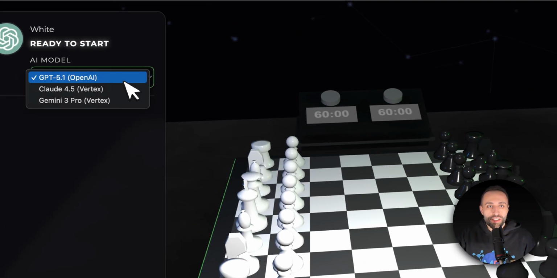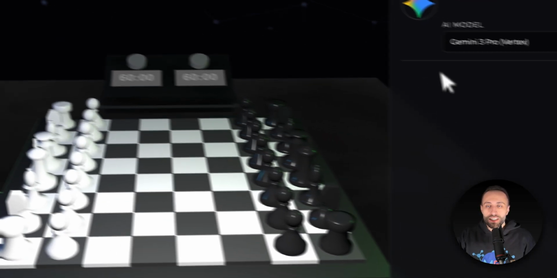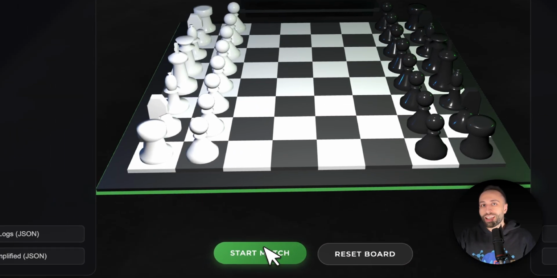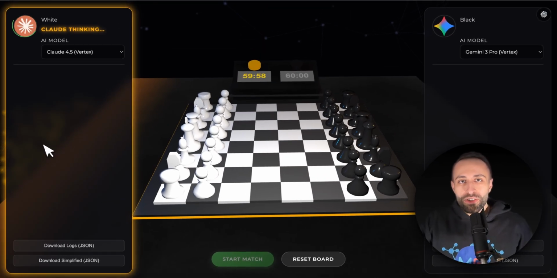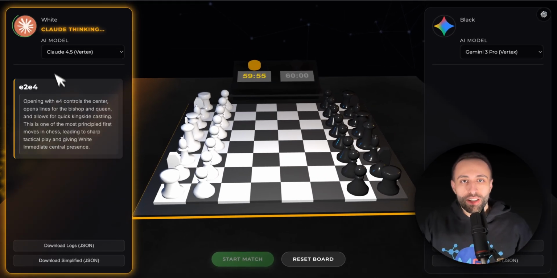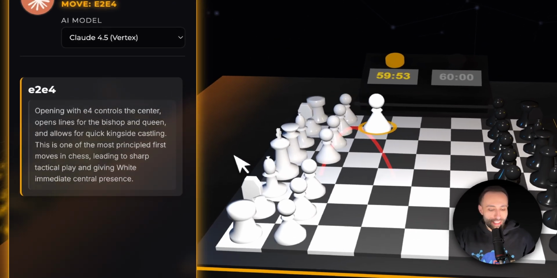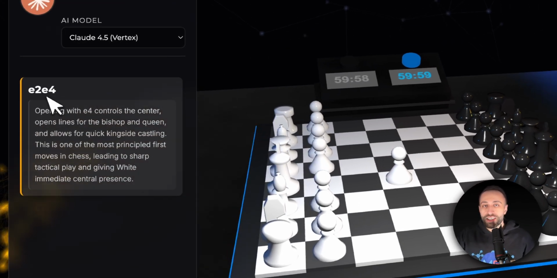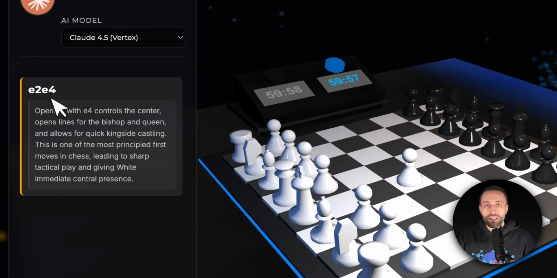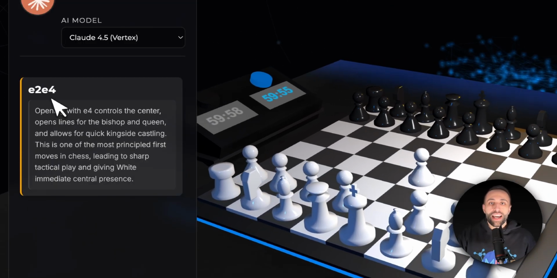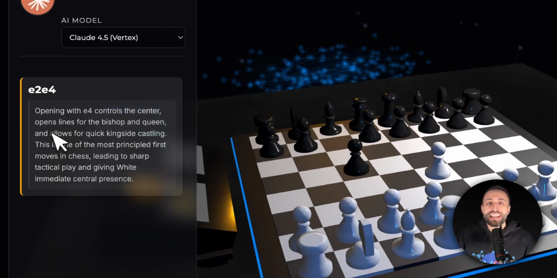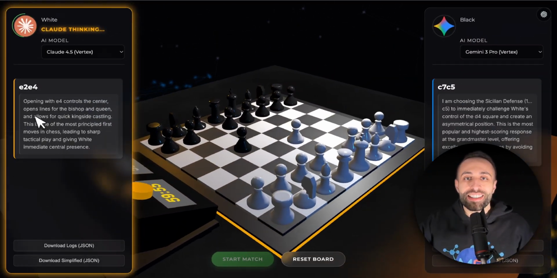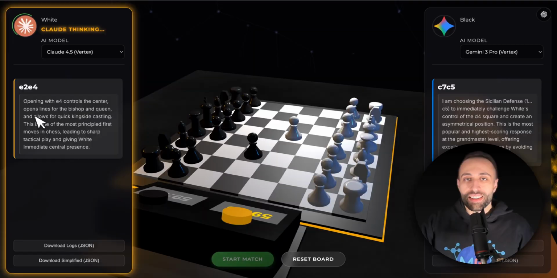Here I want to start, let's say, with Claude compared to Gemini 3, and the only thing I need to do is click on start. When it is a model's turn, for example Claude is the white one, you can see that it is making a decision. These numbers are the coordinates within the chess field, and I prompt the models to provide their reasoning for why they're making these decisions and what the logic behind the move is.